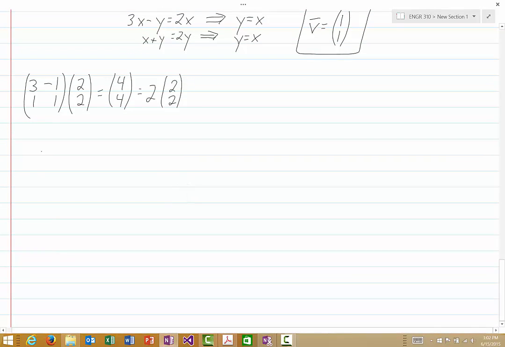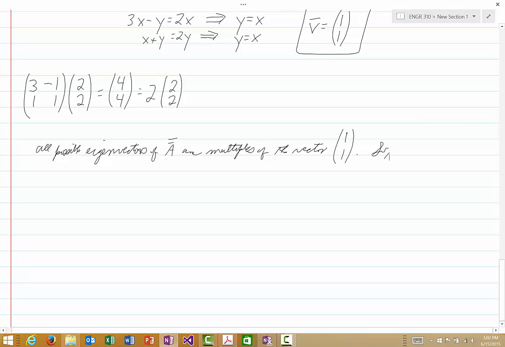So let's complete this example. All possible eigenvectors of A are multiples of the vector 1, 1.